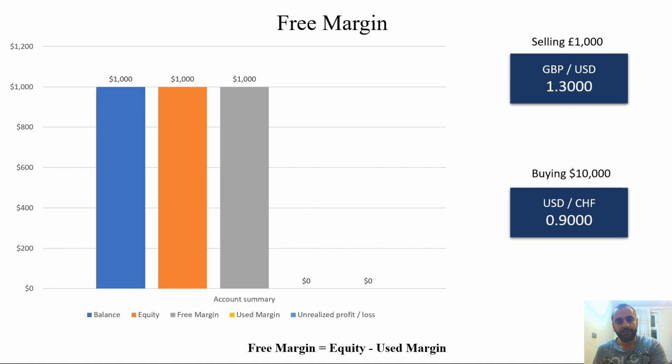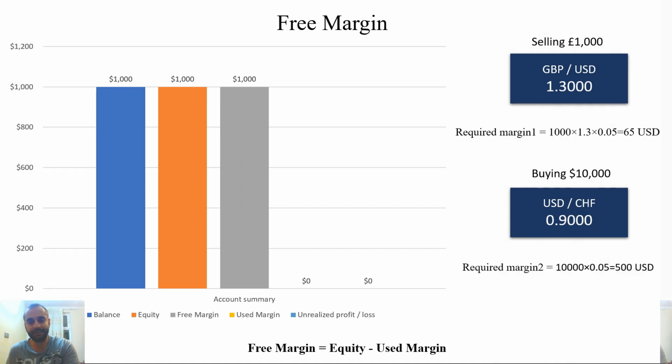The required margin is 5% for each trade. Let's calculate the required margin. For our first trade, the margin is $65 and for the second it is $500. So the used margin is $565.